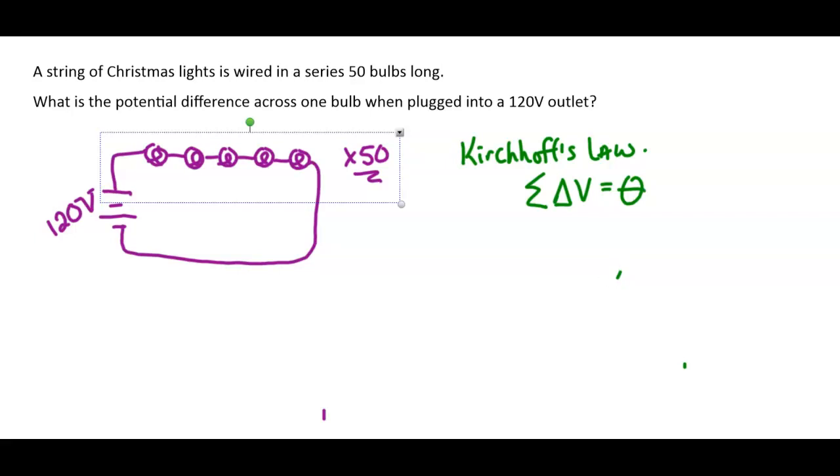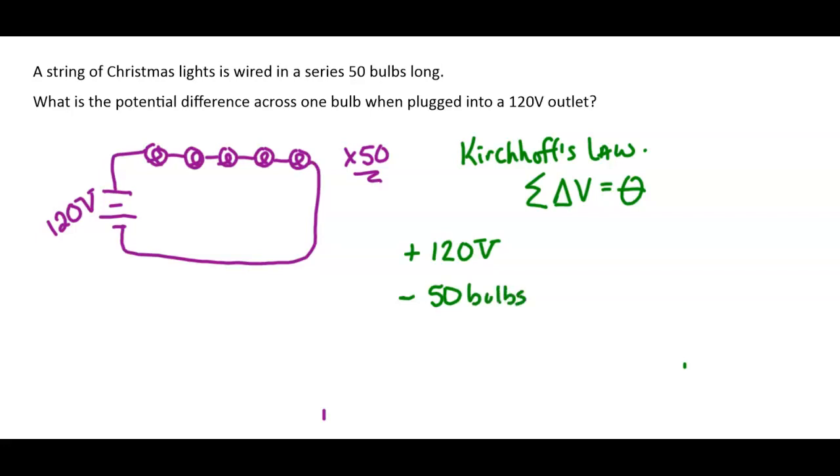So I have one positive, my energy source, and I have 50 negative bulbs, so 50 bulbs that are acting as resistors.